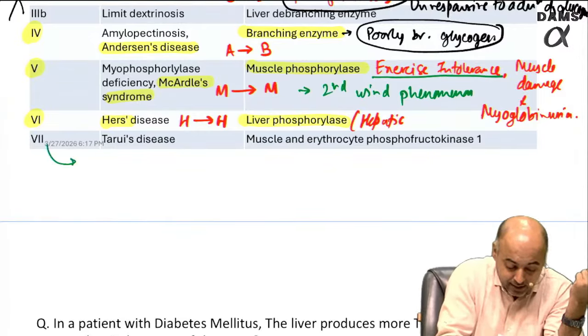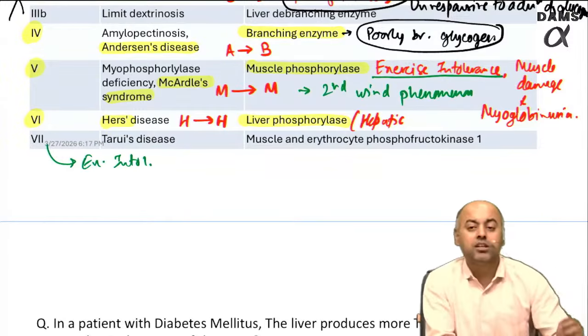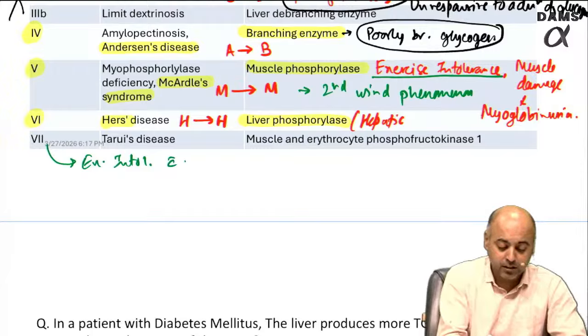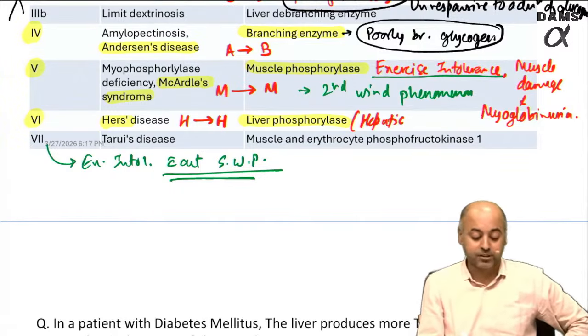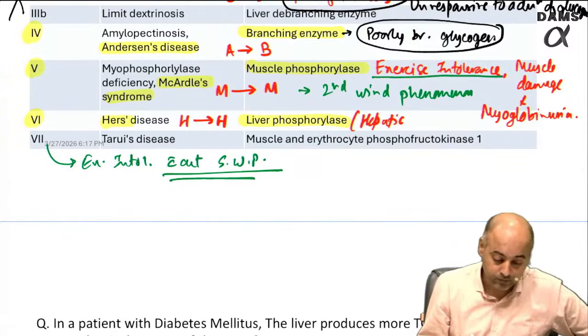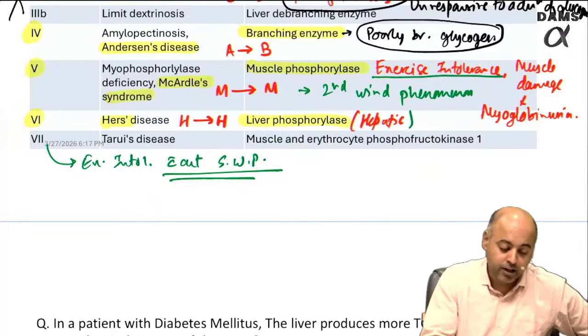The exercise intolerance is also seen in type 7, but here there is no second wind phenomenon.